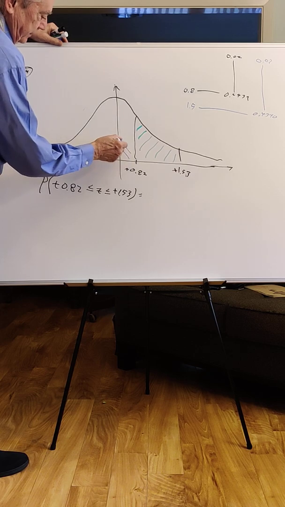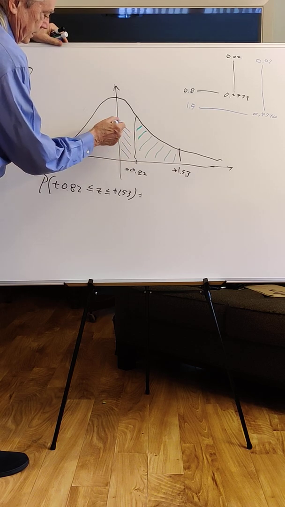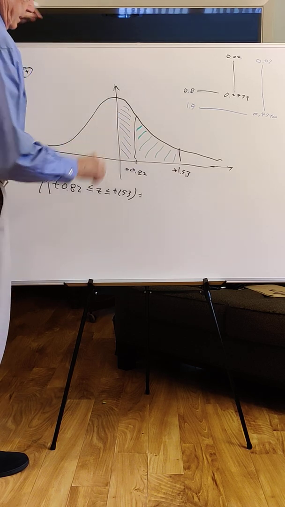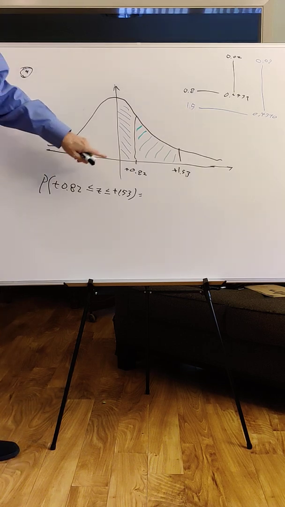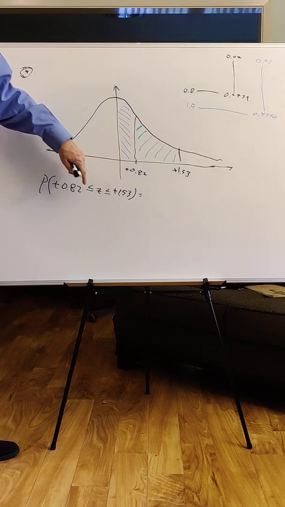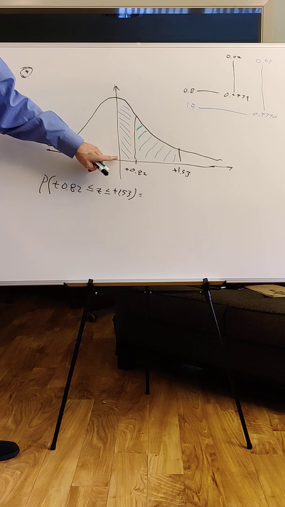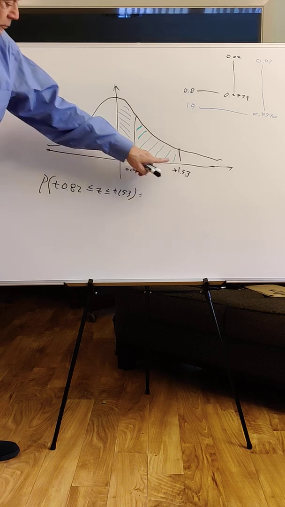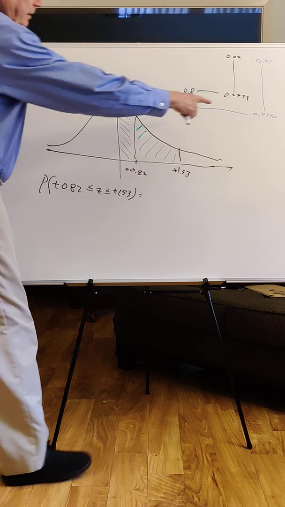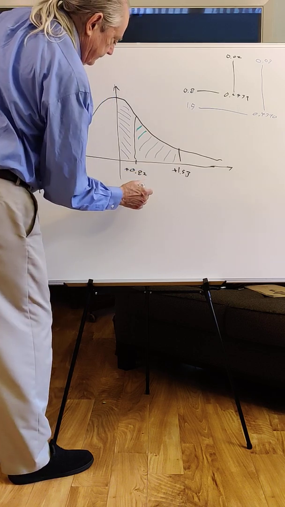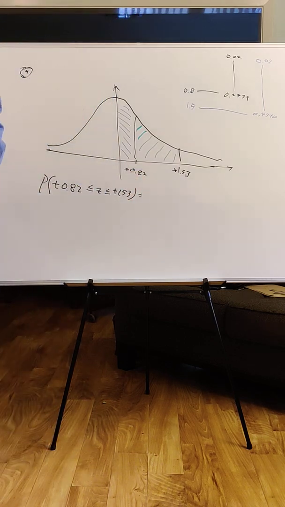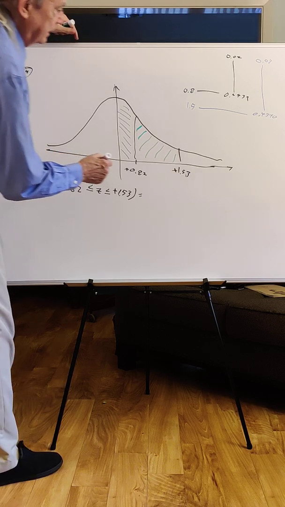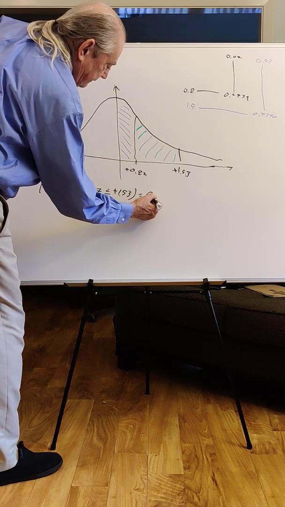We add extra area. So we can look up the area from 0 to 1.53. It's right here. And I hope to get better at using our setup here. This is our first video.